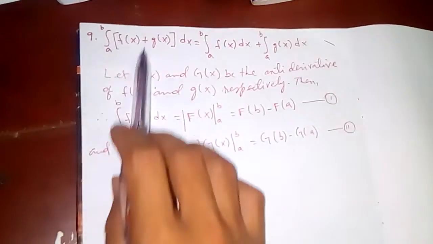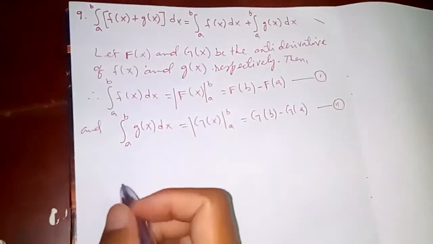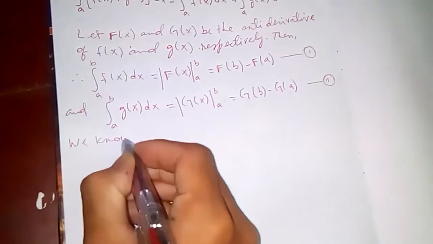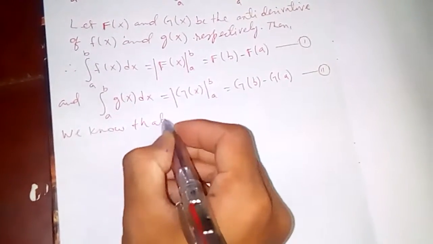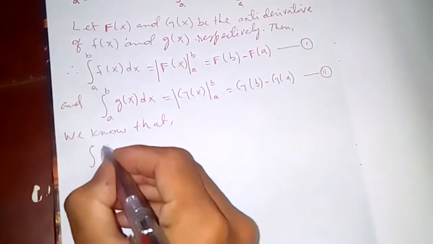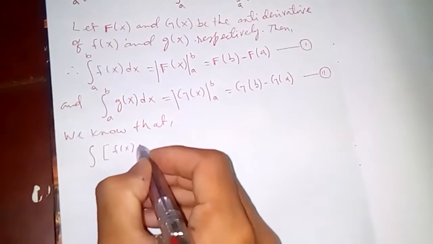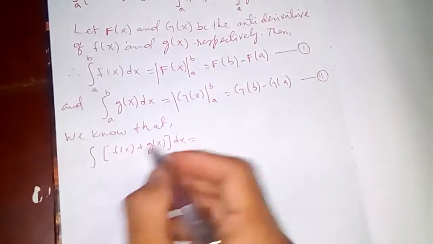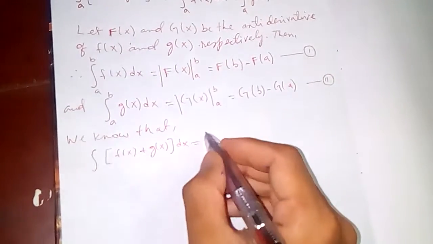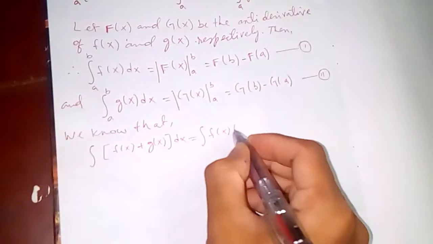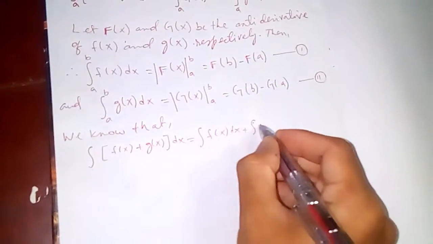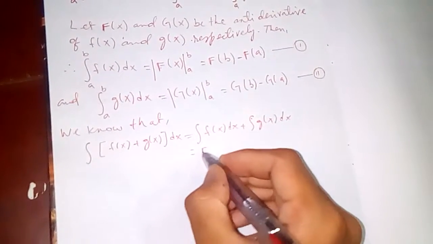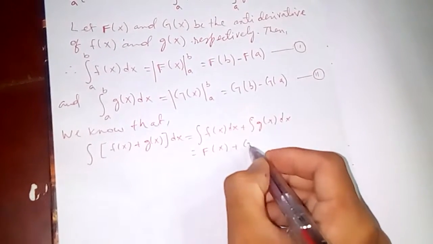So our left hand side is this one right here. We know that the integral of f of x plus g of x dx, this is an indefinite integral, evaluates to capital F of x plus capital G of x.